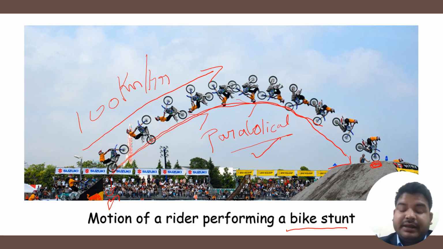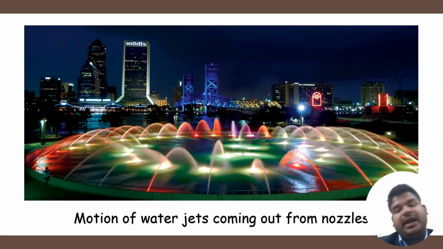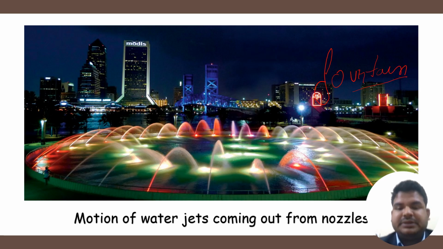Let us see some more examples also. Motion of water coming out of a nozzle. Suppose this is in a fountain. The water is ejected and the path traced by the water is a parabola. All the water nozzles produce a parabolic path for water.